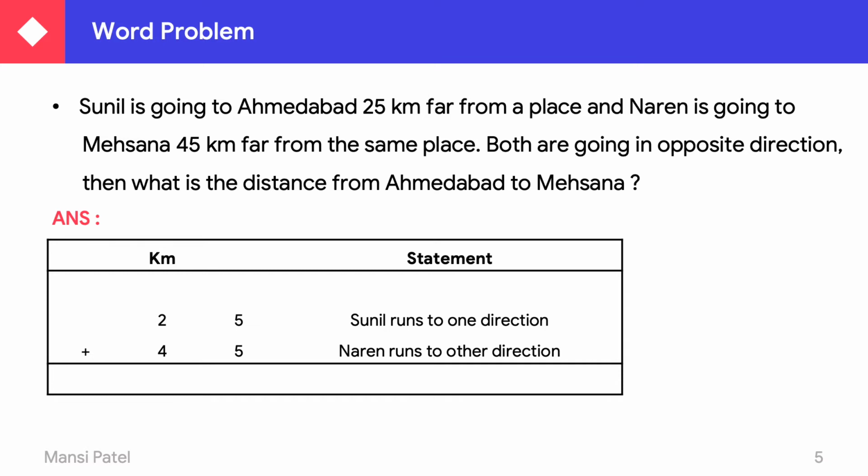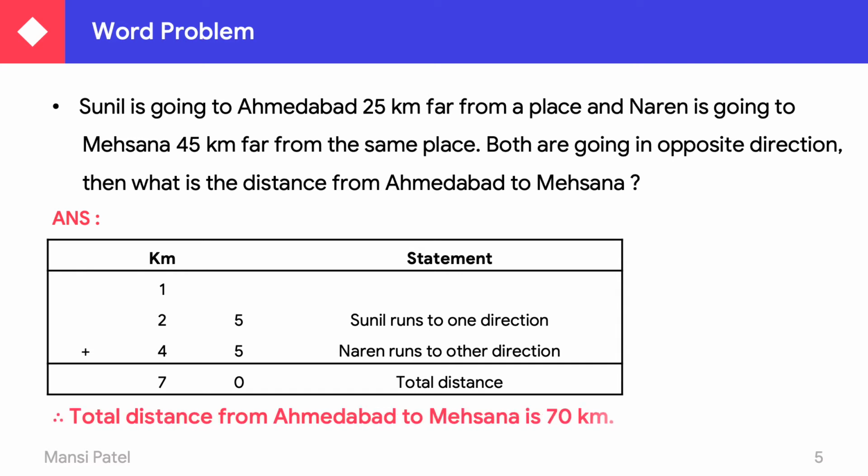So the addition of both: 5 plus 5 is 10, 0 and 1 carry, 4 plus 2 is 6, 6 plus 1 is 7. So the total distance between Ahmedabad and Mehsana is 70 kilometer.